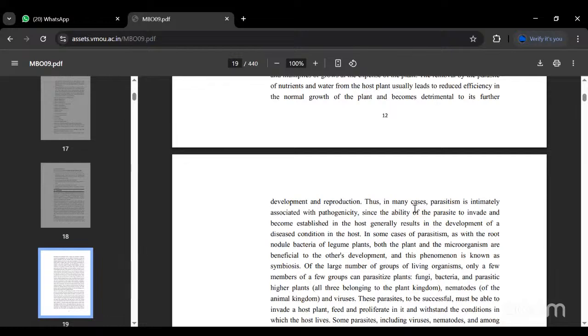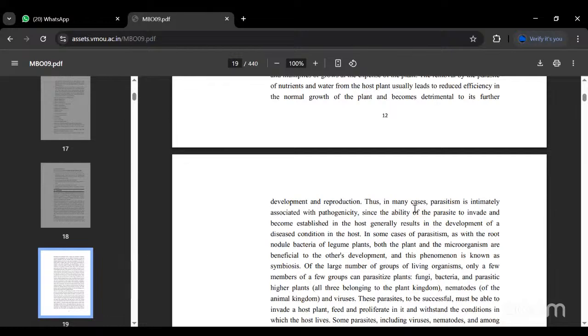In some cases, parasitism with root diseases and bacterial infections, other developments and phenomena are known as symbiosis.